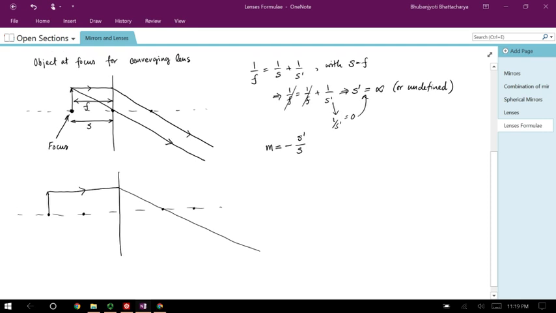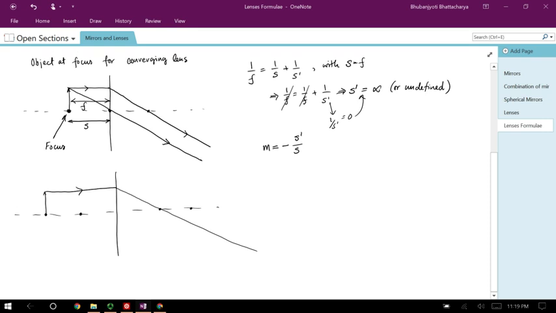Maybe I should draw this center of curvature part a little bit further away, somewhere over here. Then a second ray of light that goes through just the optical center is going to keep going like that and meet somewhere else. Just by knowing these two points, we can determine where the image is going to be.